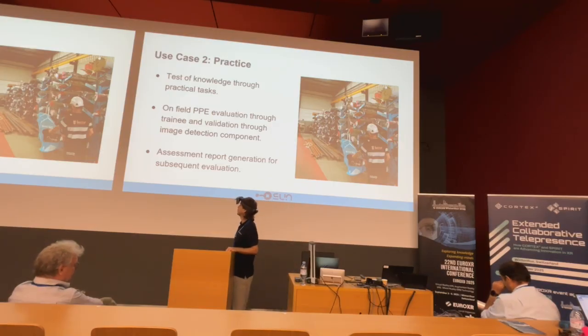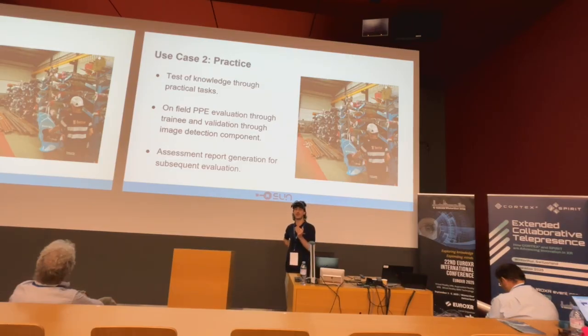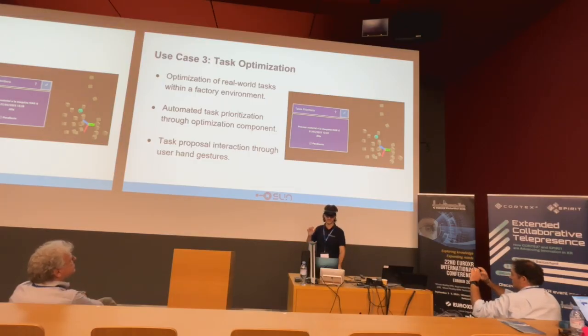And following this session, the results will be validated through an external image detection component, which would be able to detect the existing equipment within the frame and then cross-reference this actual ground truth with the user response. In turn, this would be reflected in an assessment report, which shows if the user was correct with the assessments or incorrect.